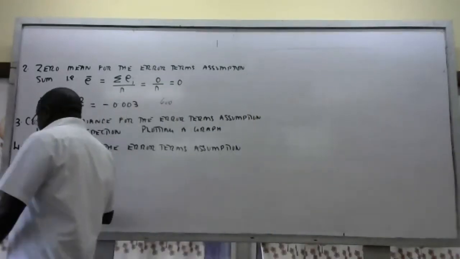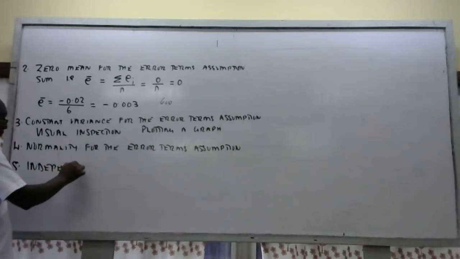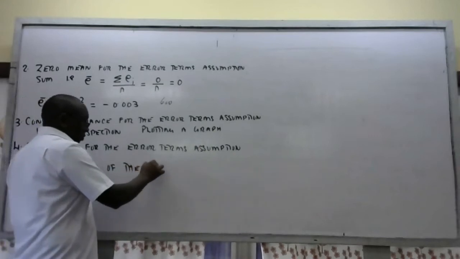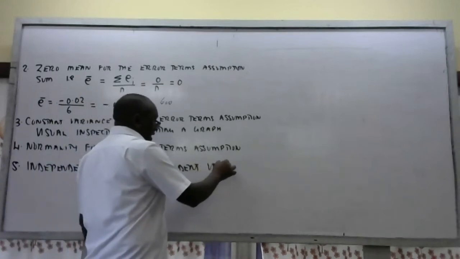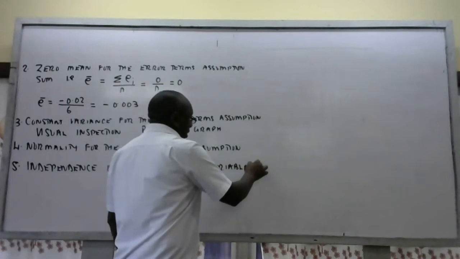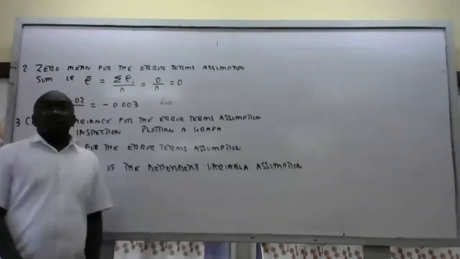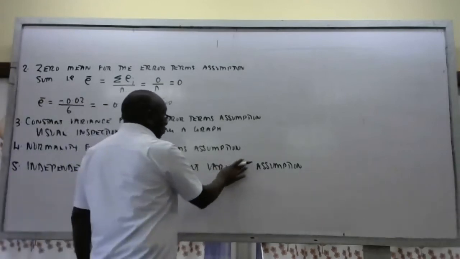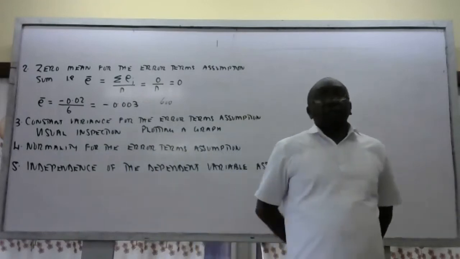Okay. Number 5 is called independence of the dependent variable assumption.